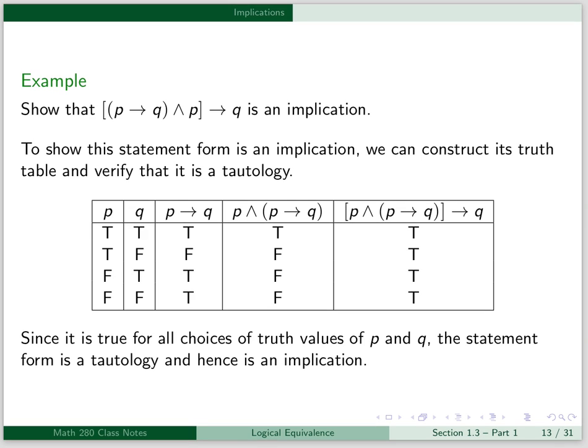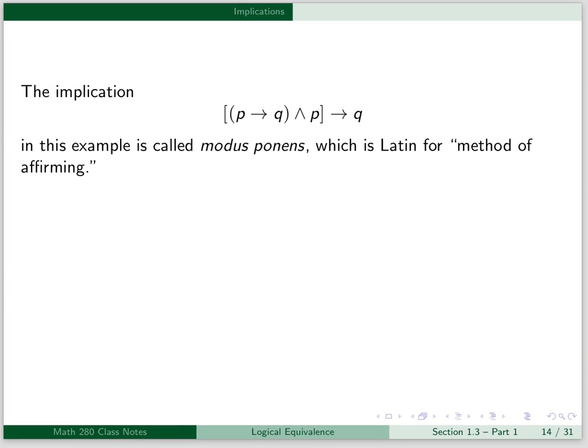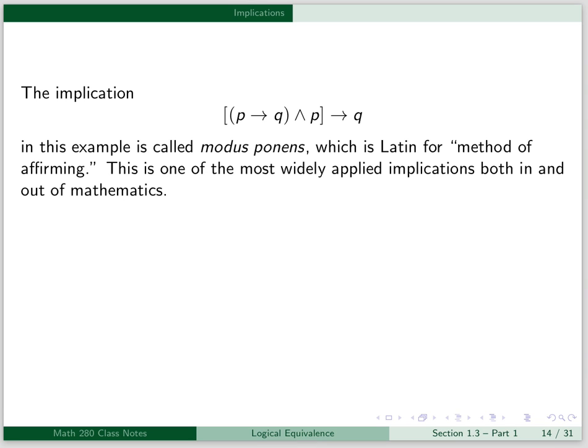Since it's true for all choices of truth values of P and Q, the statement form is a tautology and hence is an implication. This implication is called modus ponens, which is Latin for method of affirming. This is one of the most widely applied implications both in and out of mathematics.